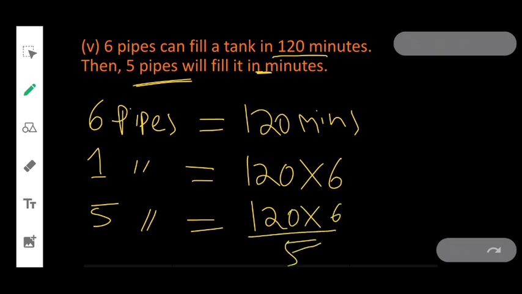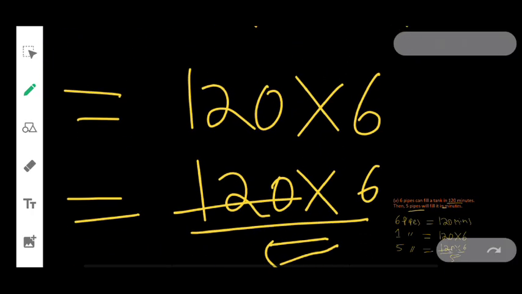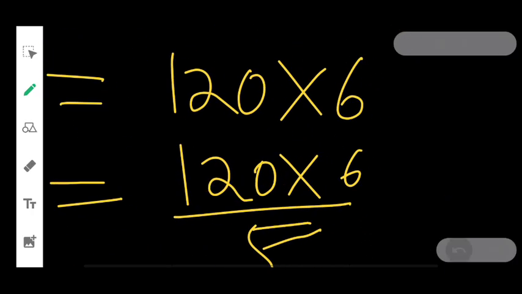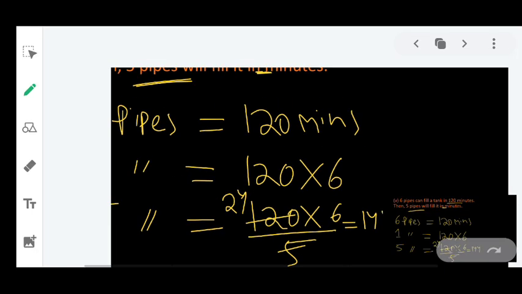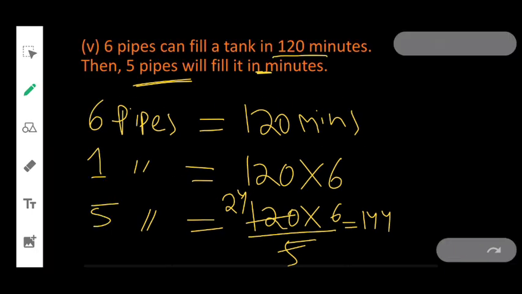So 120 by 5 is 24. So 24 into 6 equals 144 minutes. So the 5 pipes will fill it in 144 minutes.